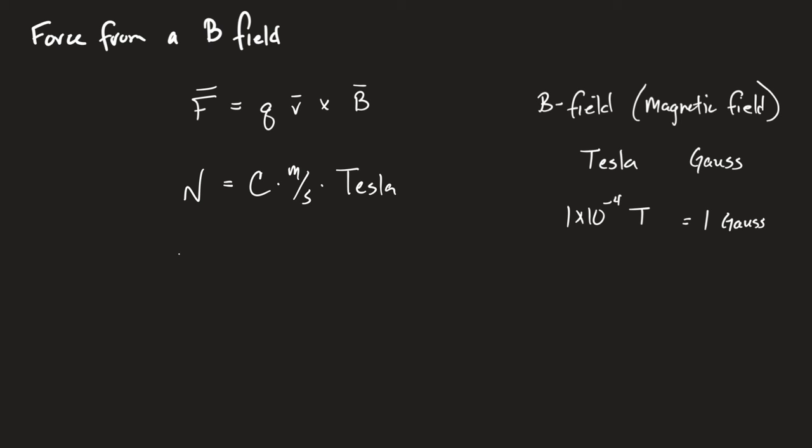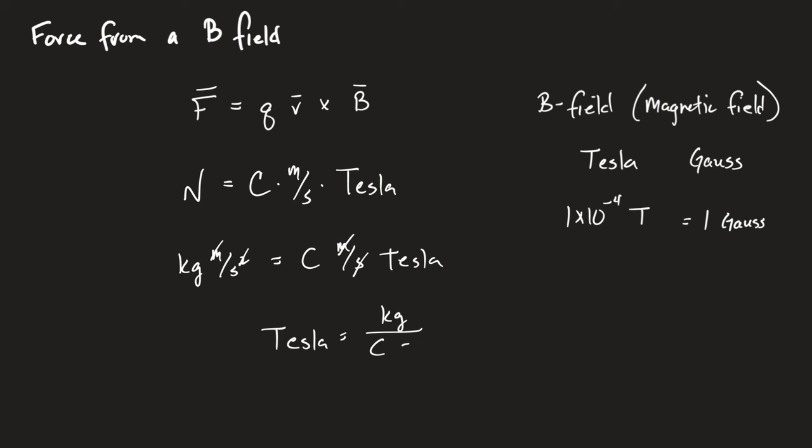A Newton is a kilogram meter per second squared. We can cancel out the meters, cancel out one of the seconds, and solve this for Tesla, and we get that a Tesla is 1 kilogram per Coulomb second.